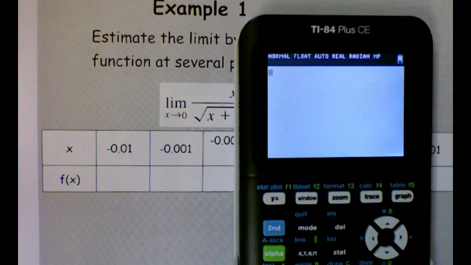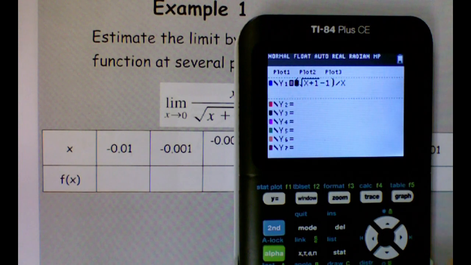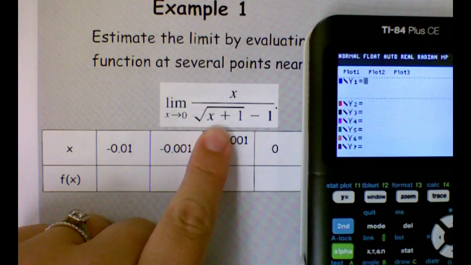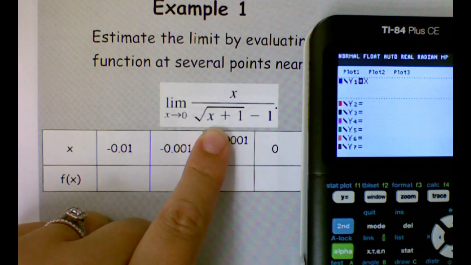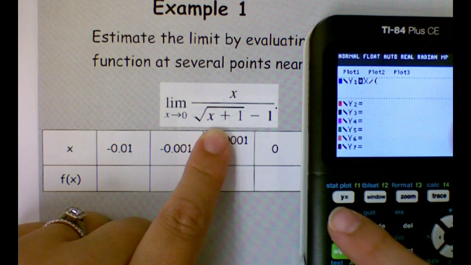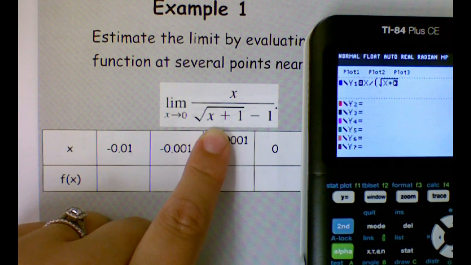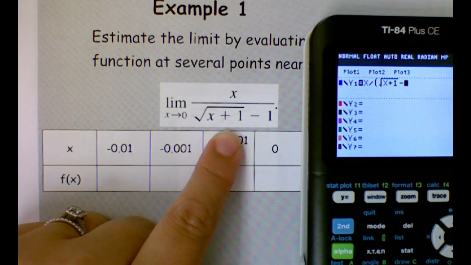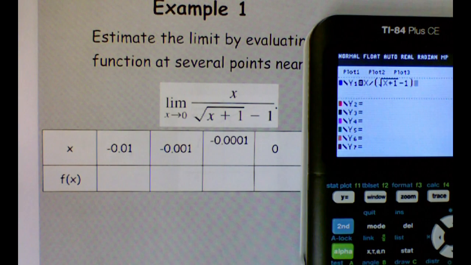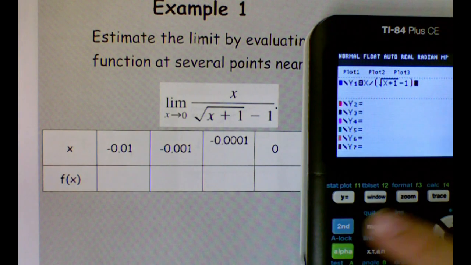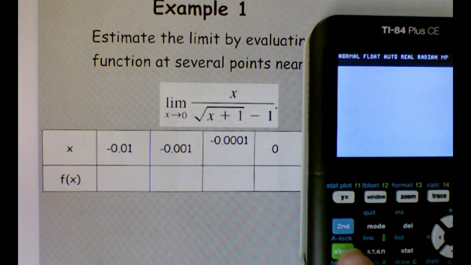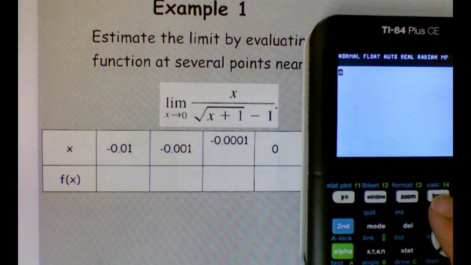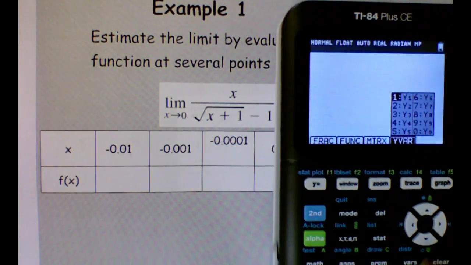I know I'm going to plug in a bunch of values to the same function over and over. So if I go into y equals, and I enter in this function, x over, parentheses for my denominator, the square root of x plus 1 minus 1, close those parentheses. Now I don't care what the graph is, so I'm going to second quit. But now if I hit alpha and then the trace key, I get this little menu that gives me the different y's.